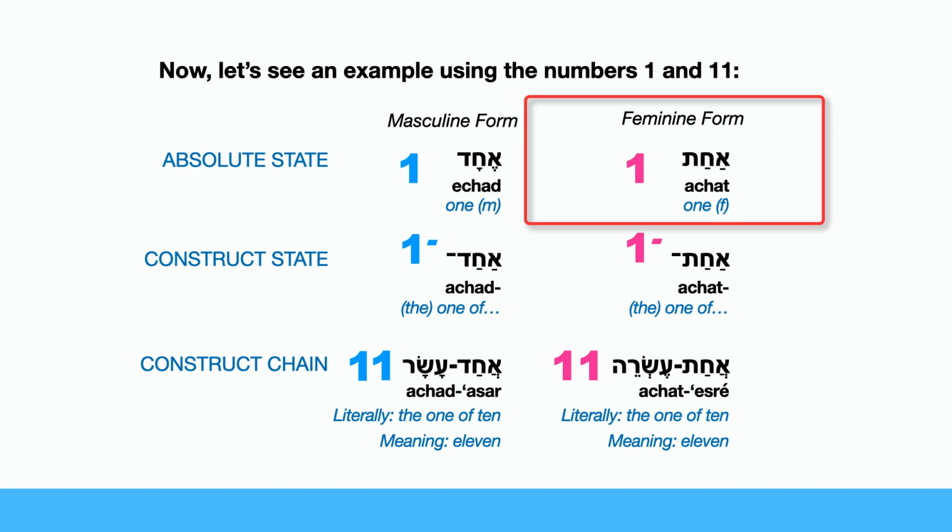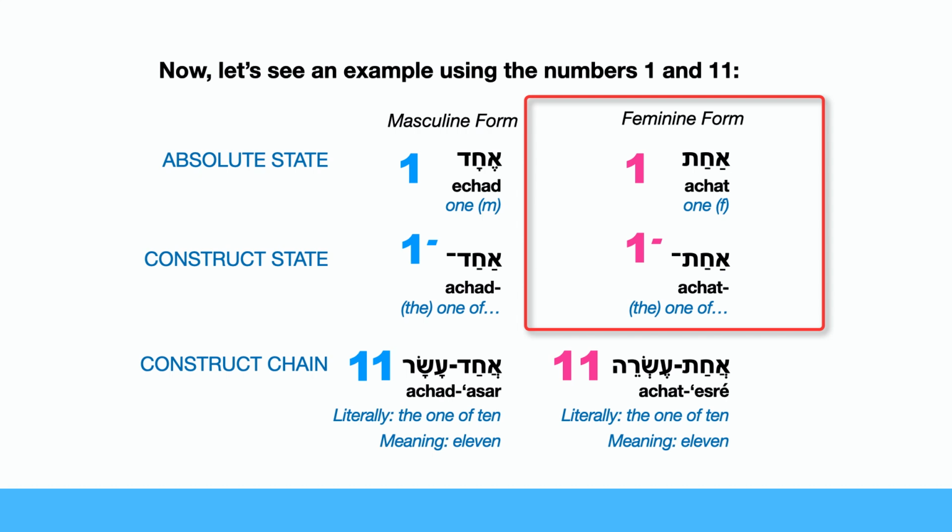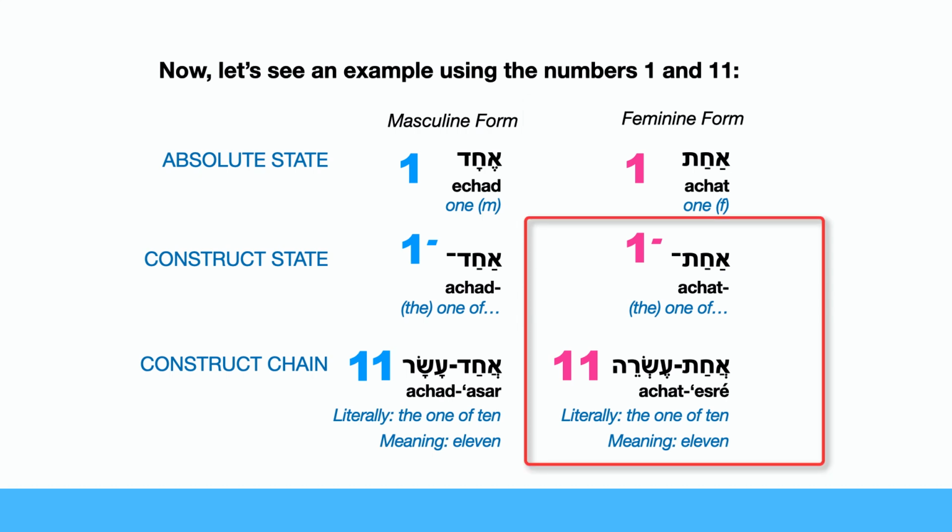Okay, now let's look at the feminine version. The feminine form of the number 1 is achat, and the construct state of achat is also spelled and pronounced achat. But when it is in a construct state, that means if you combine it with esre, which means 10 in this context, then it would mean "one of."